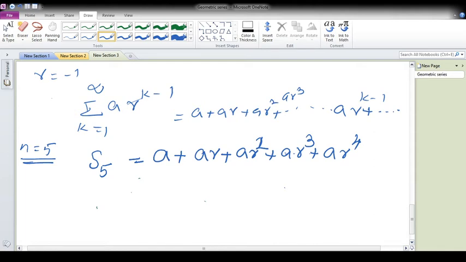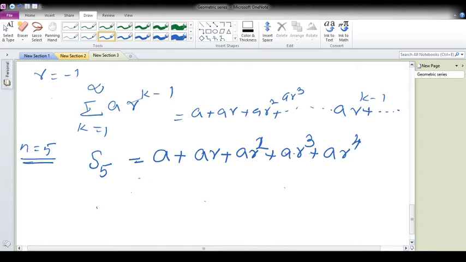Okay. Next, n will become even. So S2 means a1 plus a2. A1 is a and a2 is ar, so here a minus ar, with r equal to minus 1, so that is equal to 0.